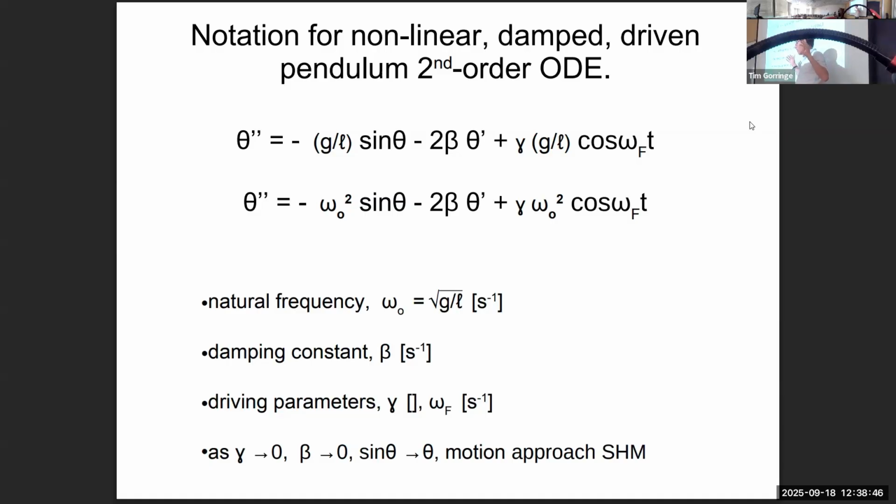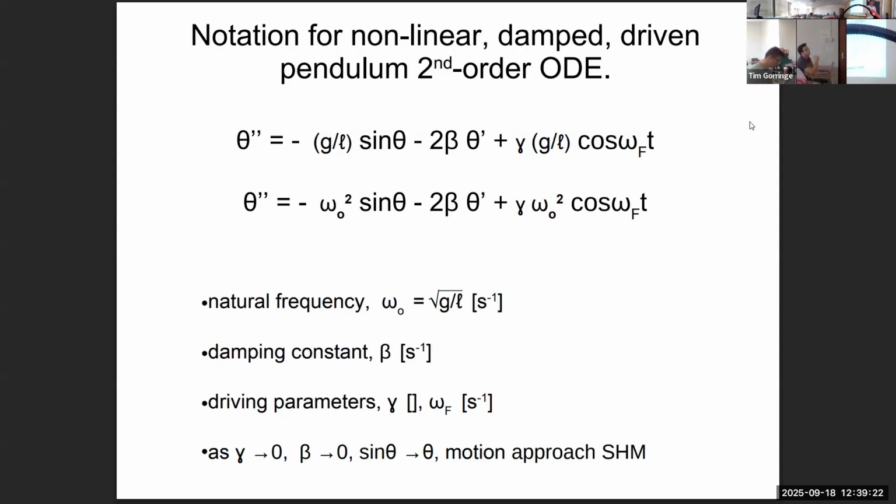So all those quantities have units of frequency, and you can see it by just thinking about the fact that the units of every term of these four terms in the differential equation must be the same, and must be inverse second squared, if you just think about this as radians per second squared. So out of that drops the fact that omega naught, omega f and beta all have units of inverse seconds, and gamma is unitless.